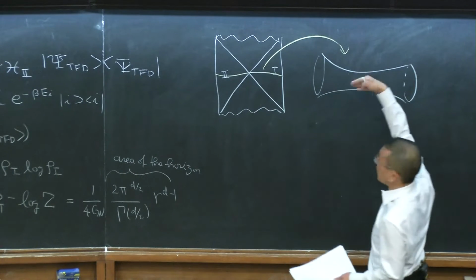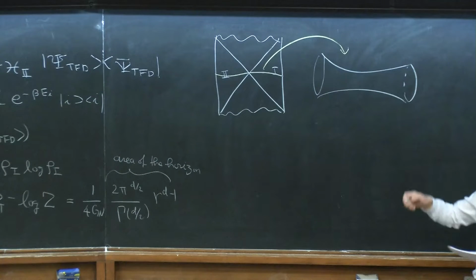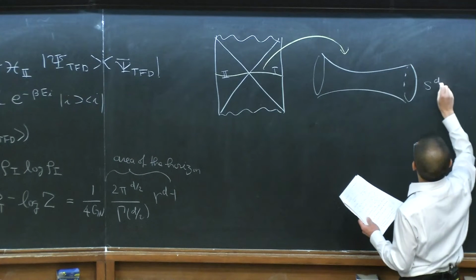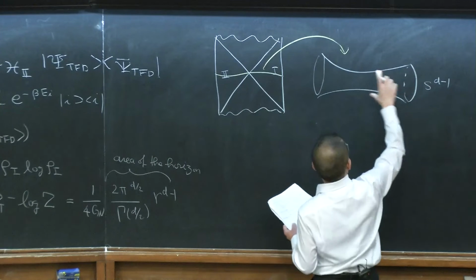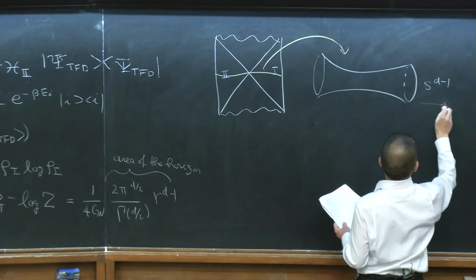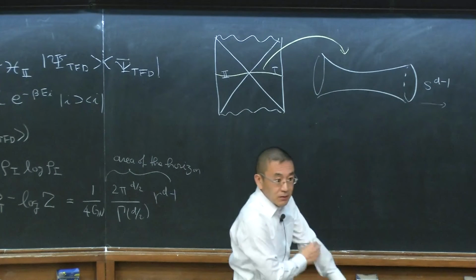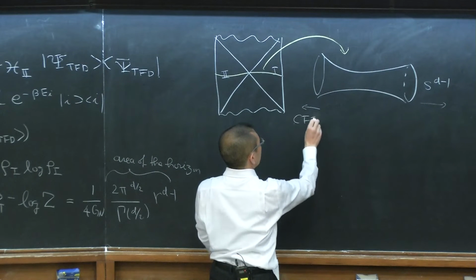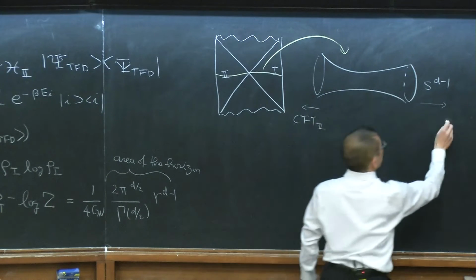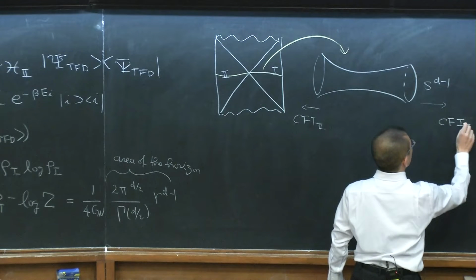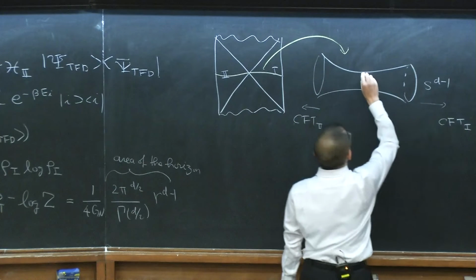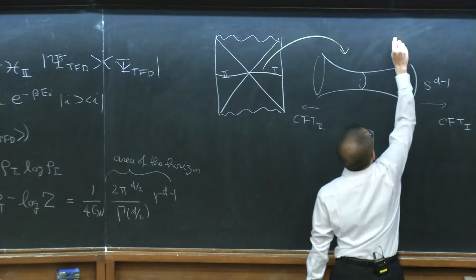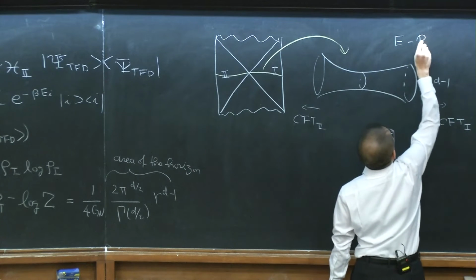I'm suppressing the time direction. In this space-like section you have S^(d-1) on this side and it continues here, and then it asymptotes to hyperbolic space on both sides. This goes to CFT2, and this goes to CFT1. This geometry is called the Einstein-Rosen bridge.